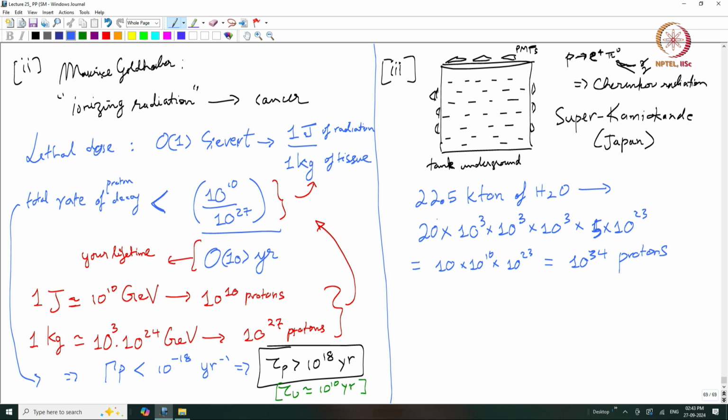If that is the case, then if you haven't seen a single proton decay giving you Cherenkov light that can be picked up in PMTs, you can confidently say that the proton lifetime is larger than 10 power 34 years.